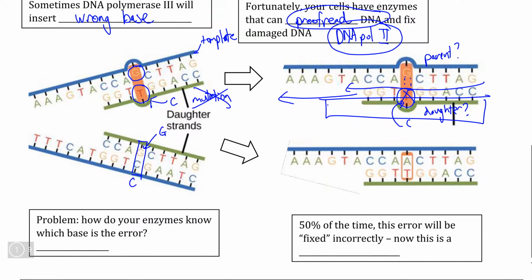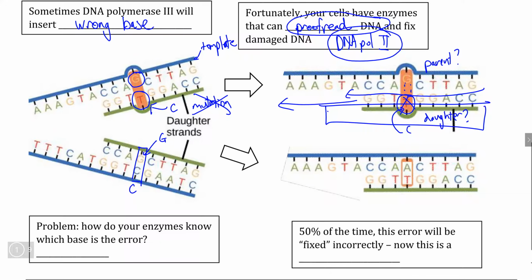However, 50% of the time, the proofreading enzyme will actually choose the wrong side of the DNA double helix and cut out the original parent strand here and treat the error as the new template, and therefore insert a base that corresponds to the wrong base here.